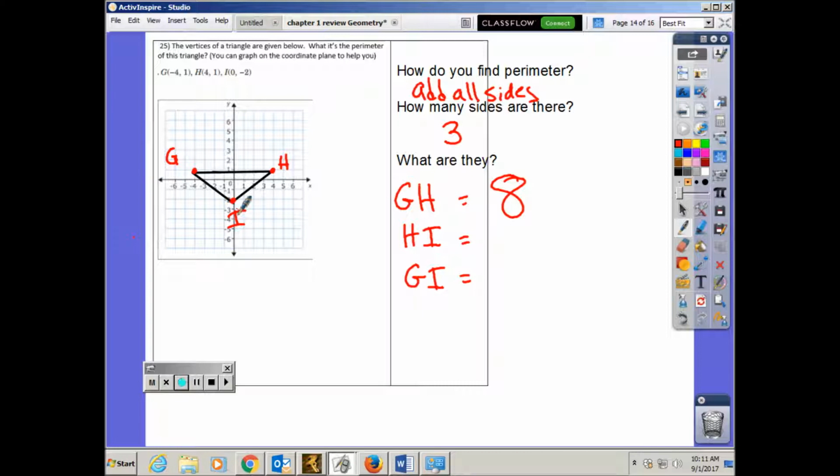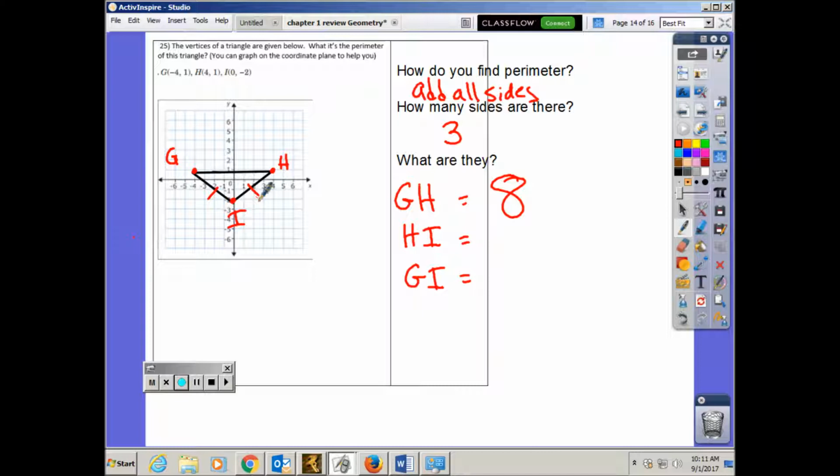So one way to see if they're the same is you can count like you would have counted to find slope. To get from I to H, I go up 3 and over 4, correct? To go from I to G, I go up 3 and over 4. That means these two are congruent. So if I do this only one time, I'll have the side length.